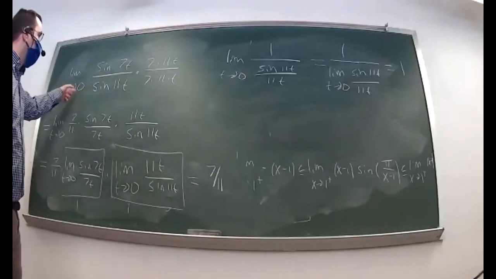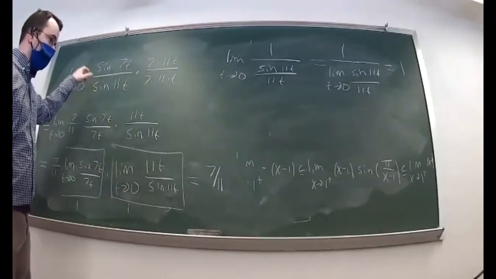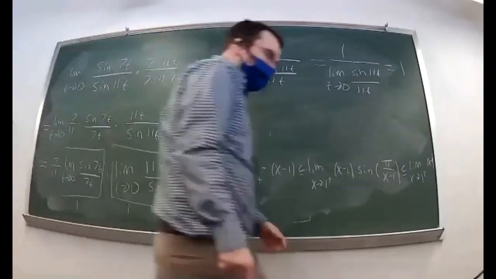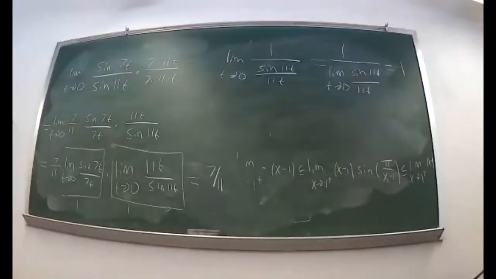As t tends towards 0, the y values of that ratio tend towards 7/11. So that's pretty cool. That's an example of how to argue using the limit laws and the fact that the limit of sine x over x as x goes to 0 is equal to 1.